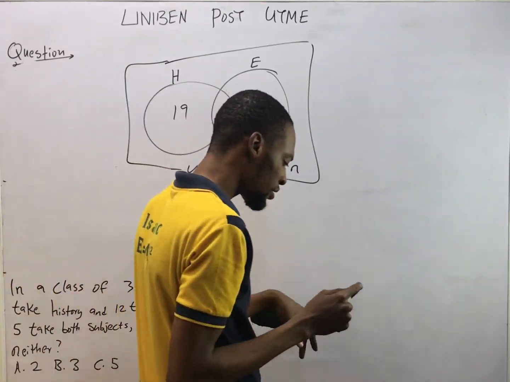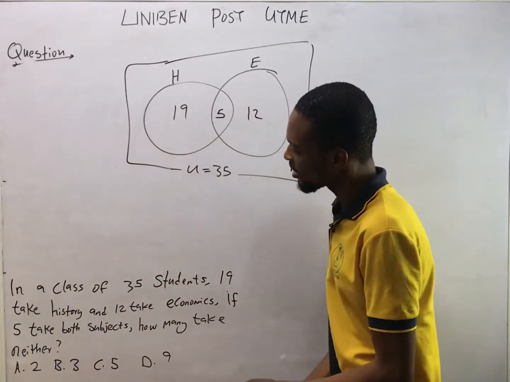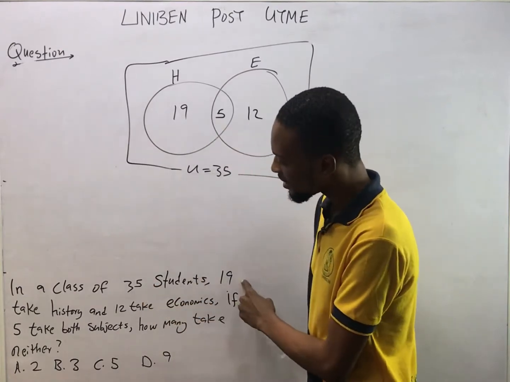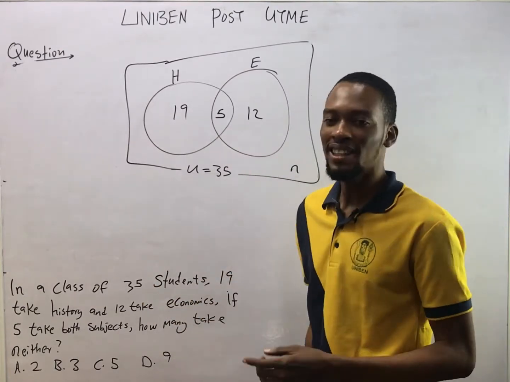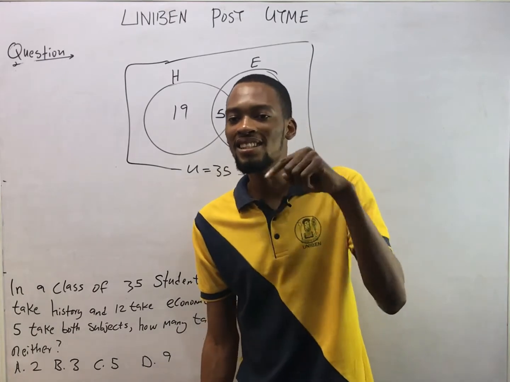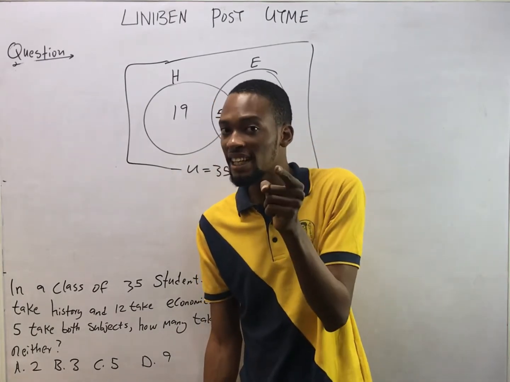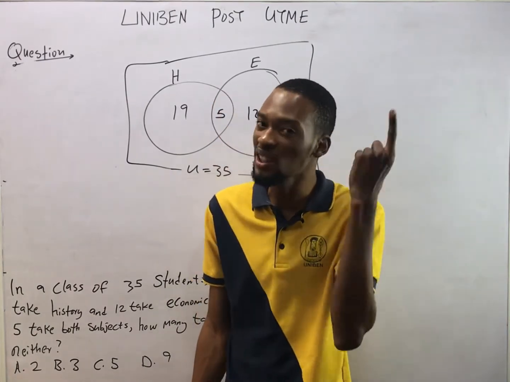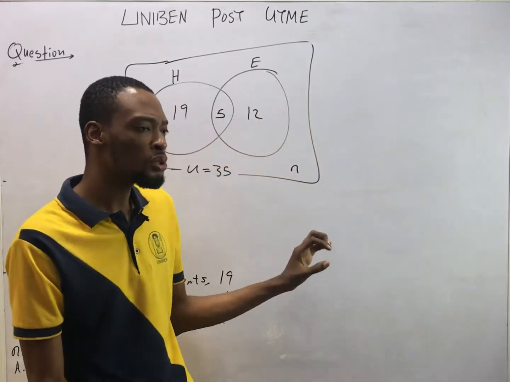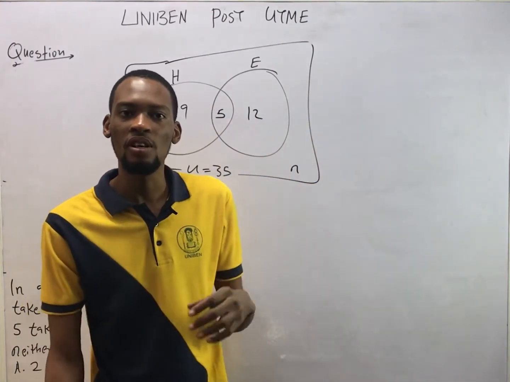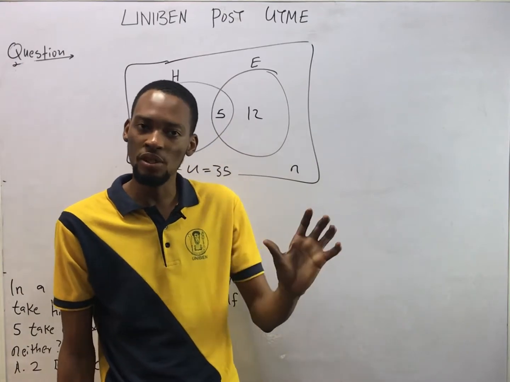So this is everything in the set. Now take a look at this question. It says in a class of 35 students, 19 take history. They didn't say 19 take only history. Did you get that line? It means out of those who take history, some also take economics and other subjects.